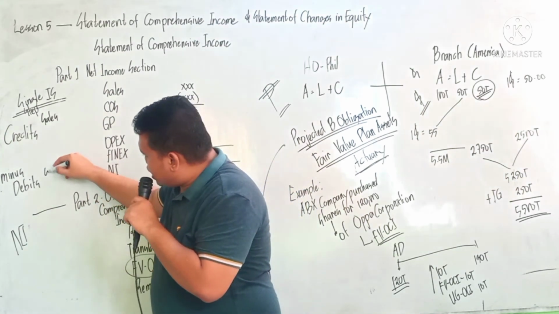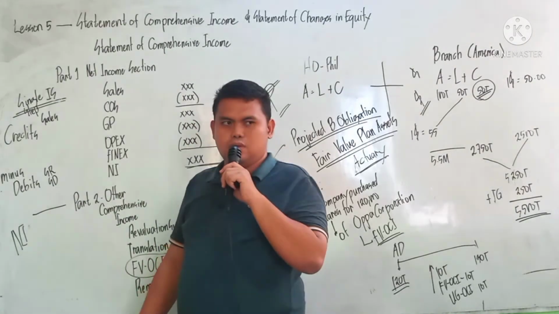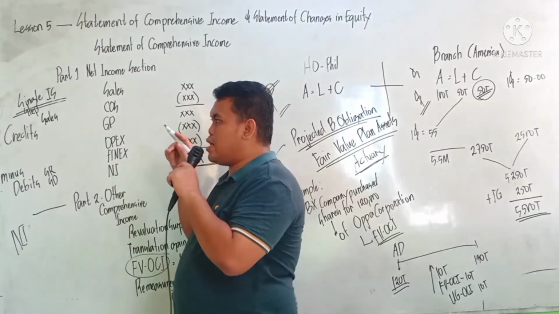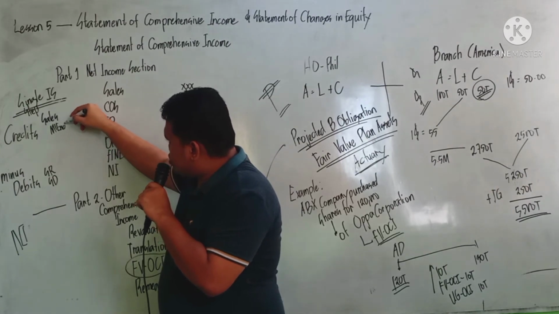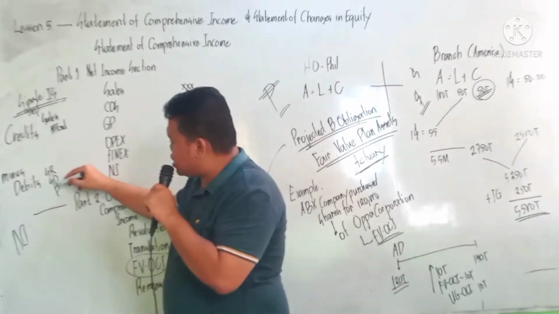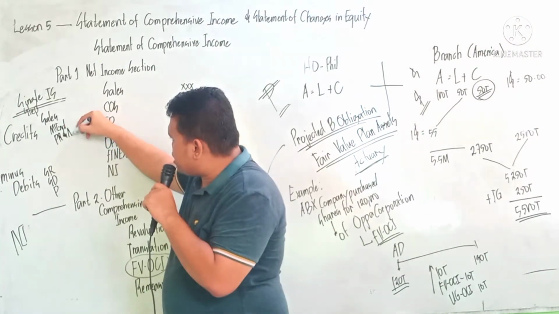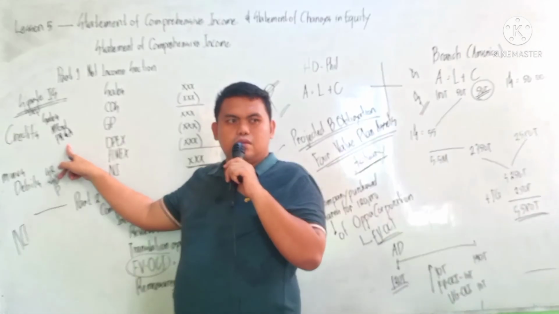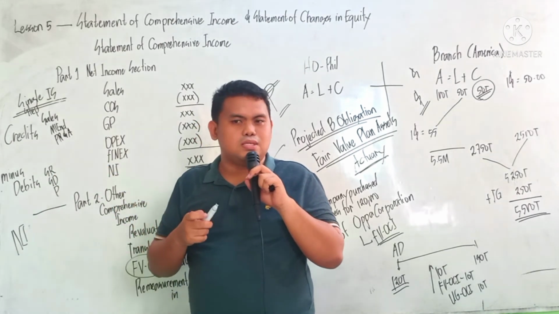Then sales returns and sales discounts are debits. Then merchandise inventory ending is a credit. Purchases are debit. Purchase returns and allowances are credit. Do you still remember the purchase returns and allowances?